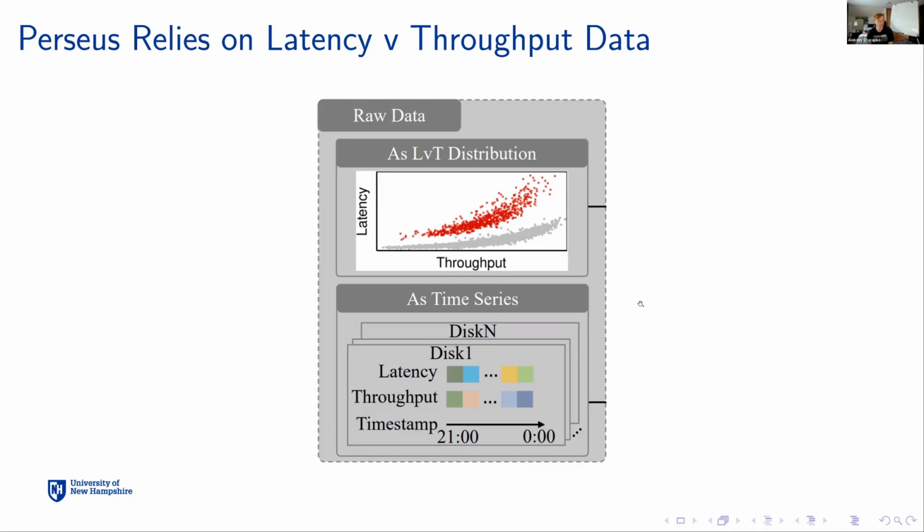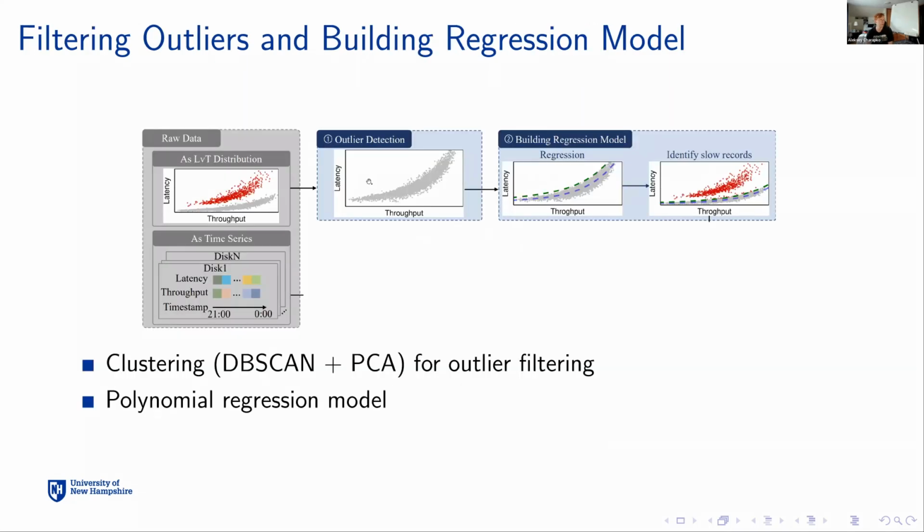So this is the raw data. They collect latency and throughput, and from this raw data, the first thing they do is outlier detection. The minority of data points that don't fit the general pattern, they find using clustering algorithms and set aside for now.